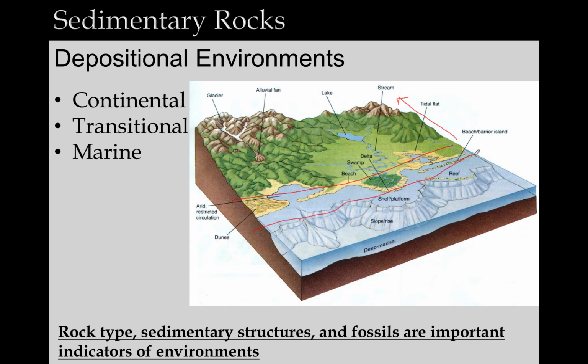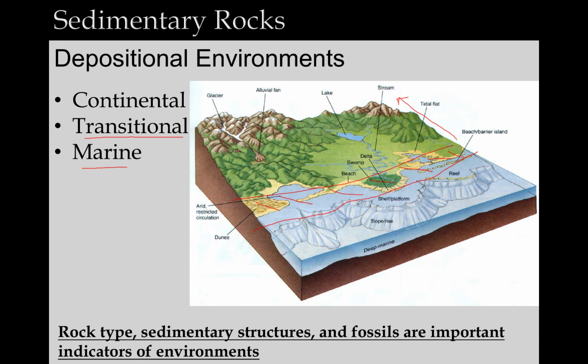Down here, we have something along the coast. I made a wide zone here. The coast is what we call transitional. It's transitional between continental and the third one, which I have listed here, which is marine.